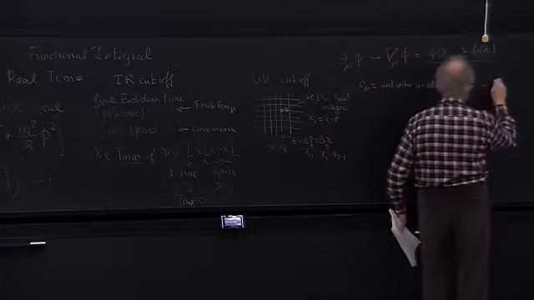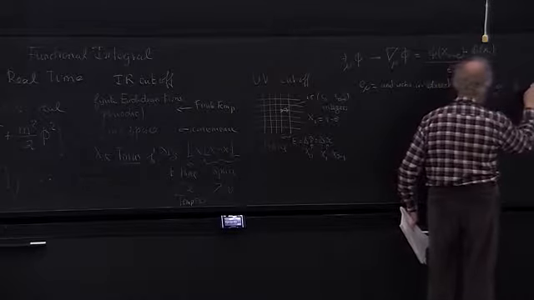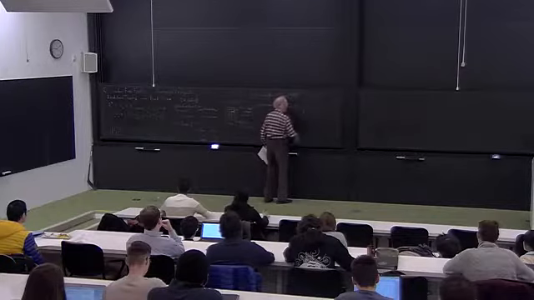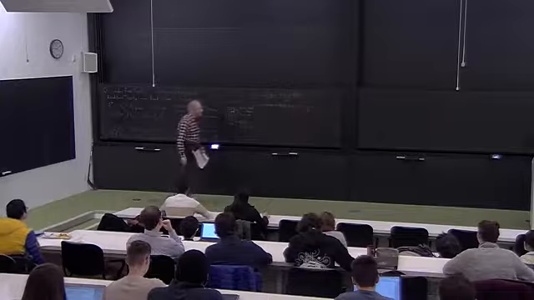So this is a vector of the form 0, 1, 0, and this is the mu index. Okay, so this is a finite difference.